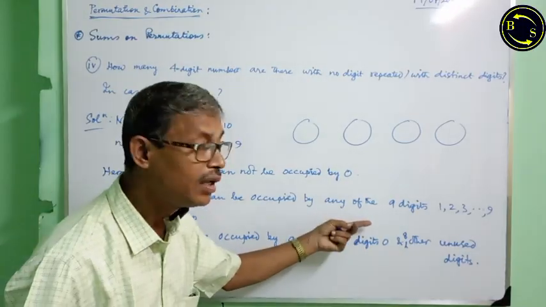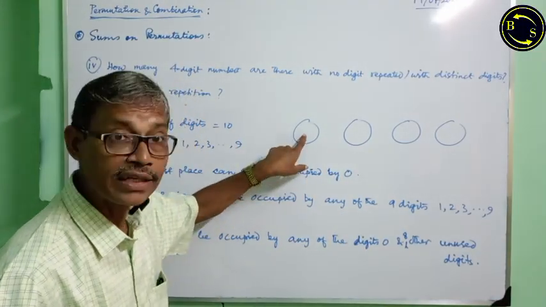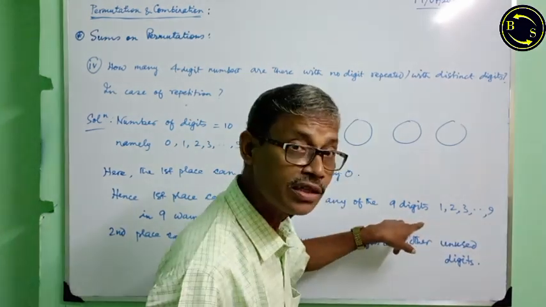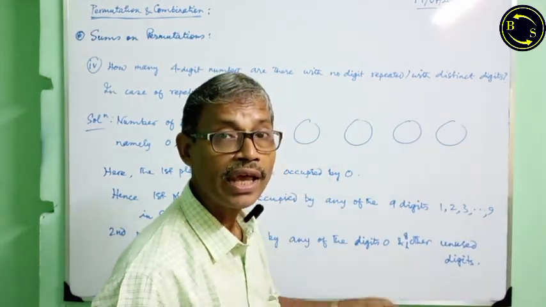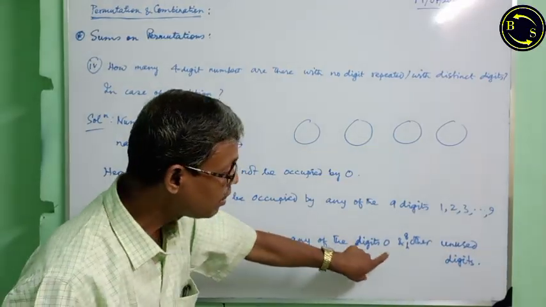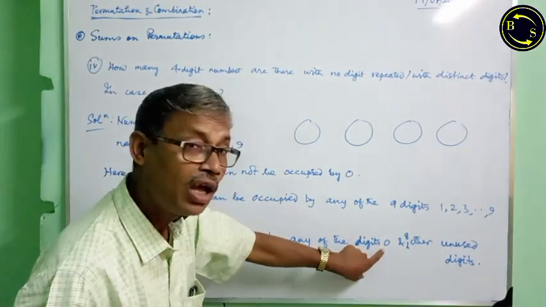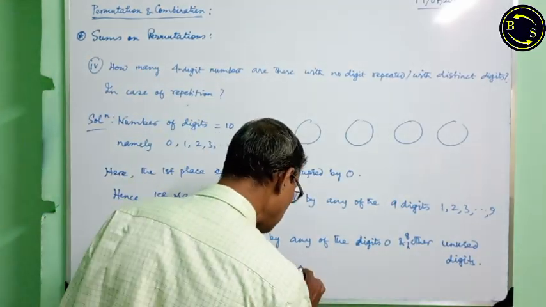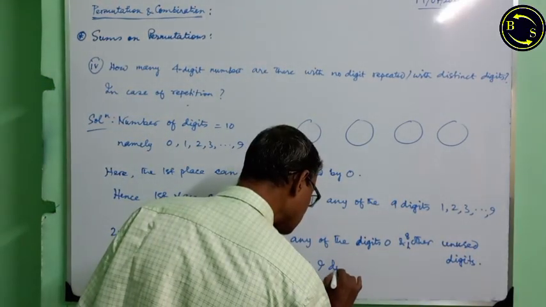Actually, once I fill the first place using any of these 9 digits, we have 8 digits in hand. Then the second place can be occupied by 0 and those unused 8 digits. That means totally 9 digits.